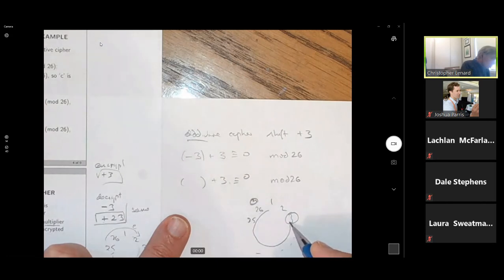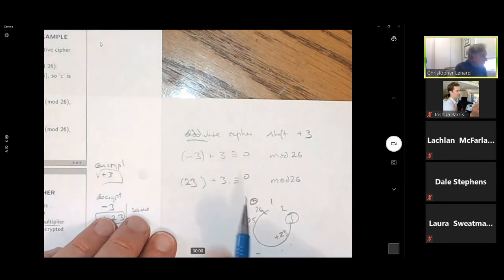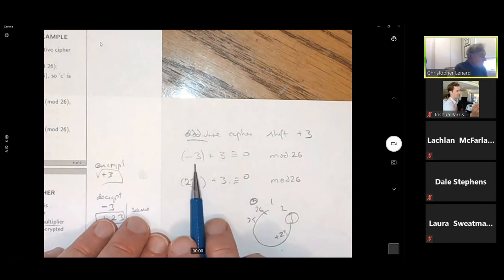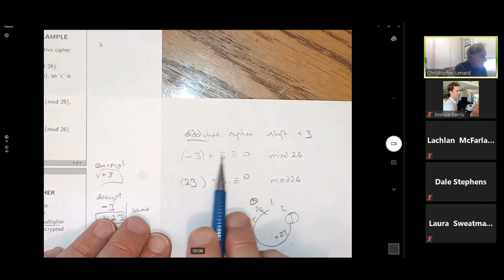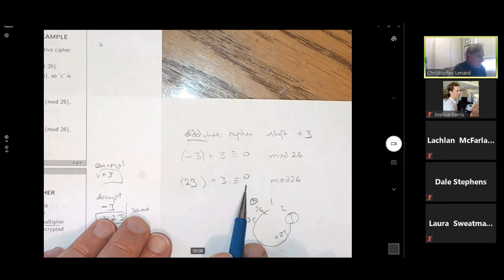Well, I've got to add 23 to get around to 0. So 23 is actually the same as -3. So -3 is the thing you add to 3 to get to 0, and 23 is the thing you add to 3 to get to 0, because remember, 0 and 26 are the same.